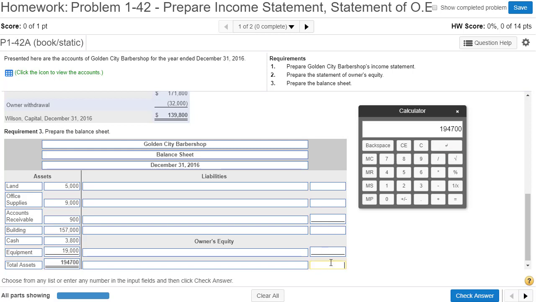That means when I'm done with the right side, this also has to be $194,700. Otherwise, I've done something wrong.